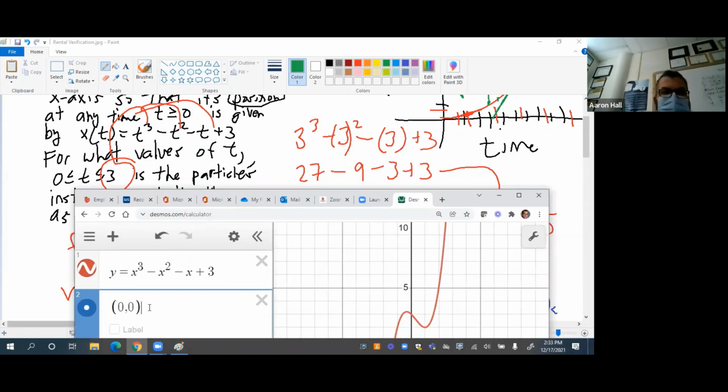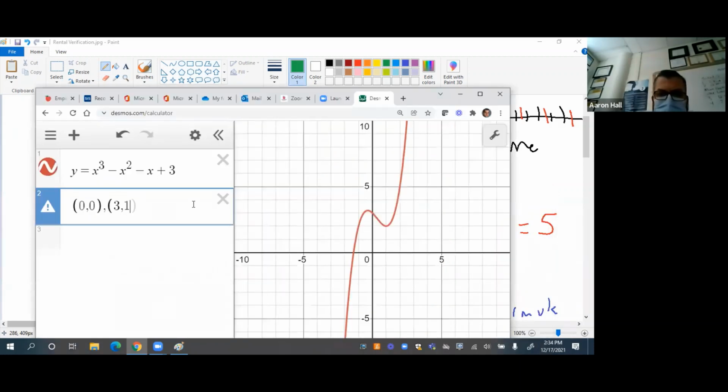So I have 0, 0, and 3. What was the corresponding value for 3? What was it? 3, 9, 18. 18. Okay, 3, 18. Uh-oh. What did we get when we played?